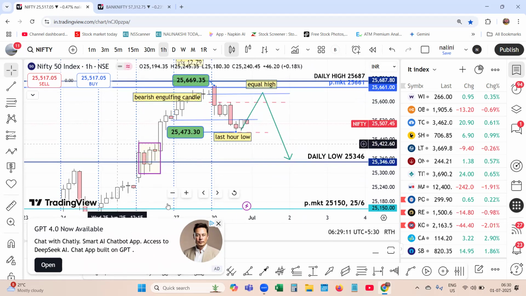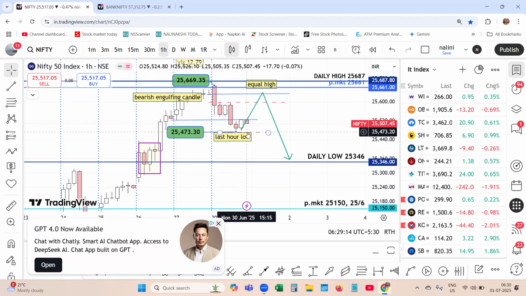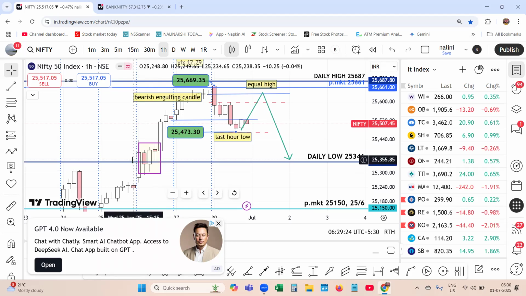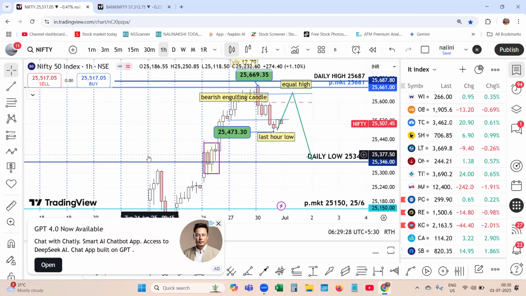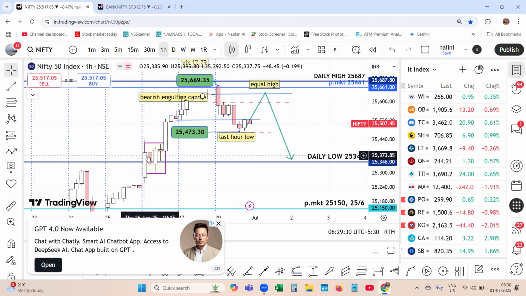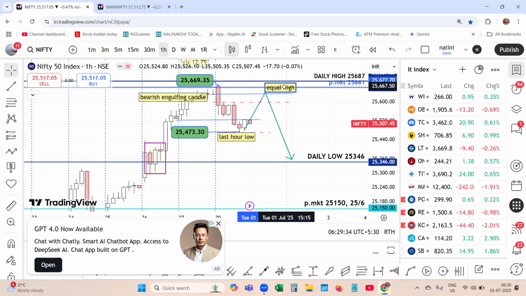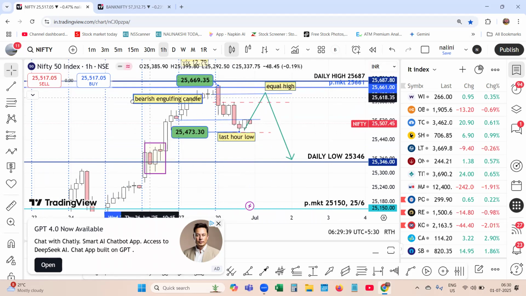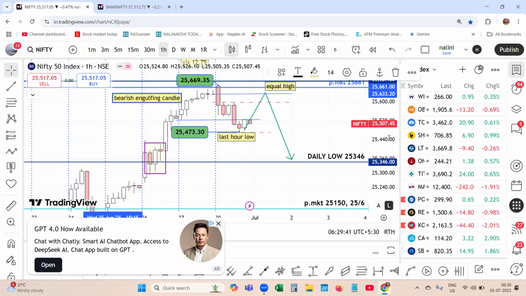And within this trend structure, this is the correction. The presentation may be a bearish engulfing candle, but a candle presentation within the trend structure becomes invalidated sometimes. So we tend to read the candlestick pattern in a wrong way. That can also happen in the market.